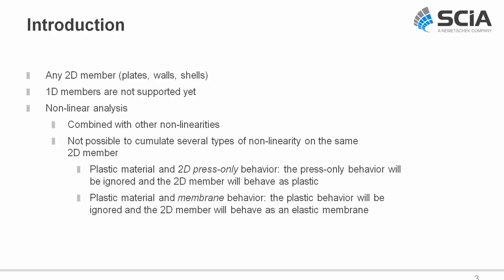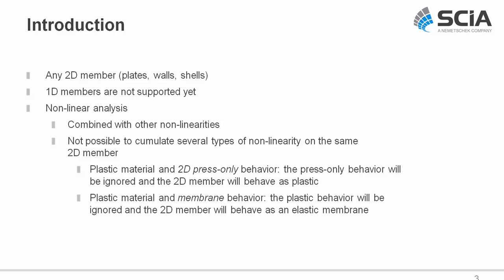This, of course, would give some conflicts. First of all, for example, if you have a 2D member defined as being pressure only, and you have defined it as consisting of a plastic material, then the pressure only behavior will be ignored and the 2D member will just behave as a plastic member or plastic material.